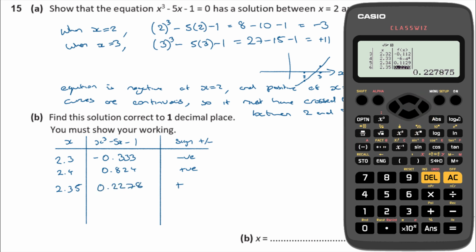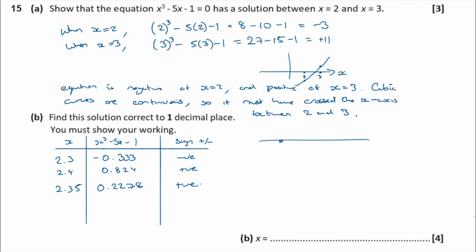0.2278, which is positive. We knew it crossed somewhere between 2.3 and 2.4, so we knew it was negative at this point and positive over here, but now we also know that it is positive at 2.35.